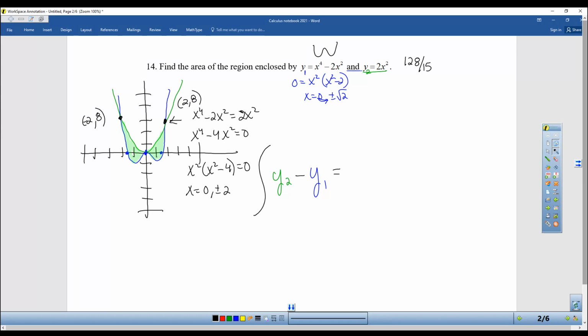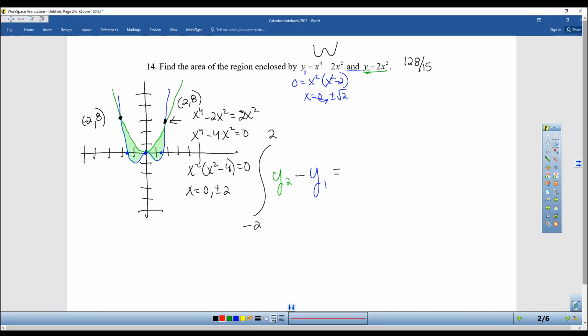So I could go from negative 2 to 2, and even though it stops, because the green graph is always on top of the blue graph, I could do that. However, if you're going to do this by hand, which we are, that means at the end you're going to be plugging in a negative, which people tend to do wrong.